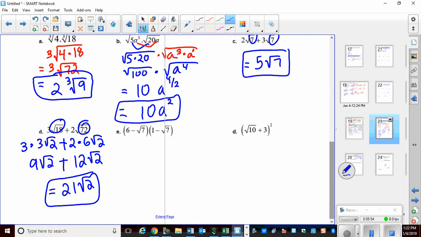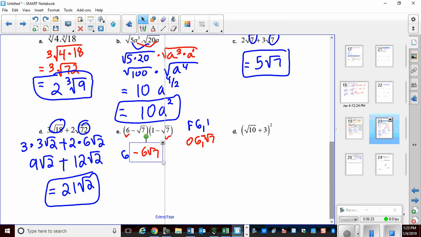Next one, we're using FOIL. So first we have 6 and 1. So 6 times 1 is 6. Okay. The outers, we have 6 and square root of 7. So 6 times the negative square root of 7. That's a negative. So minus 6 square root of 7. I'm just going to bring this down so I can work with it, right?